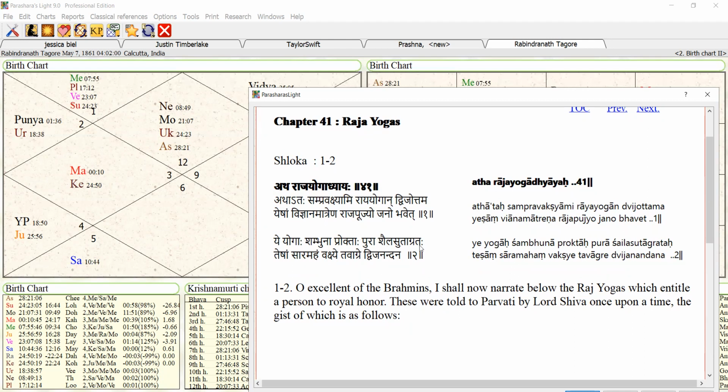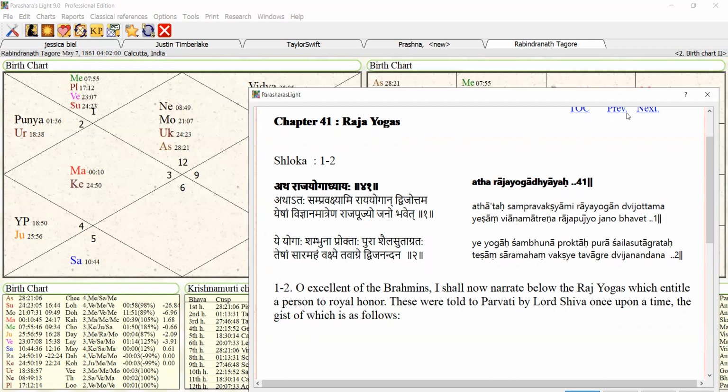Agrataha, narrated in front of her. Tesham saram aham vakshye: I will give you the essence of them, the sara. Not the gist. The gist is like, "so listen." No, the sara is the lifeblood, the essence.